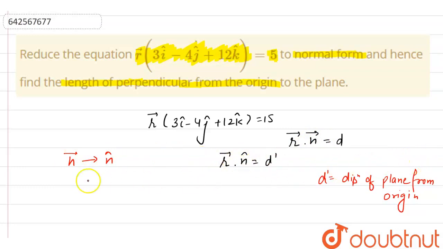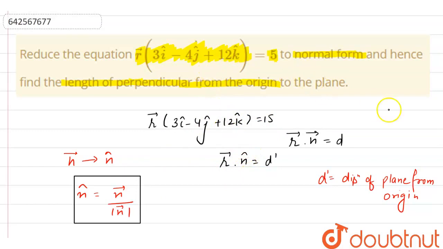We know that the unit vector n cap equals vector n divided by the magnitude of n vector. So if we divide the given equation by the magnitude on both sides, we will get this equation in normal form.